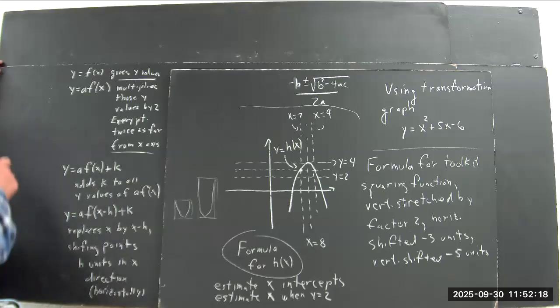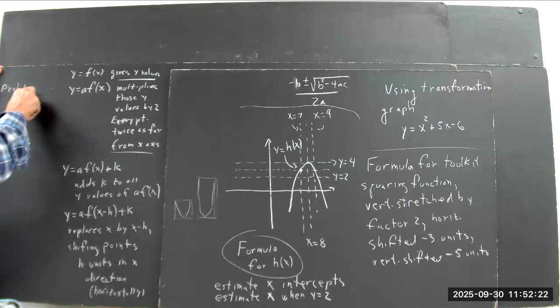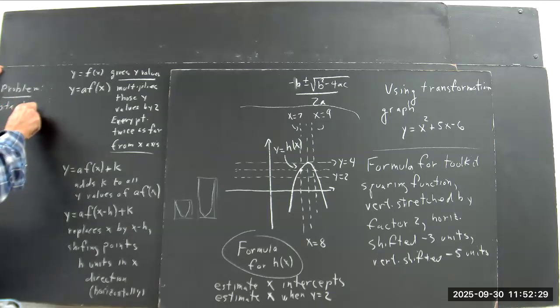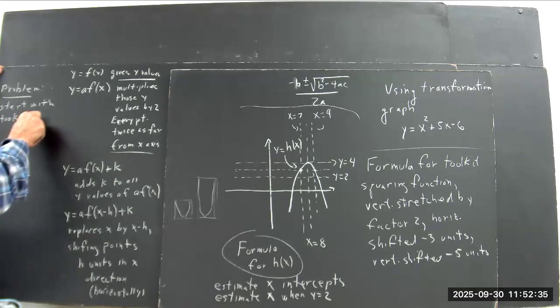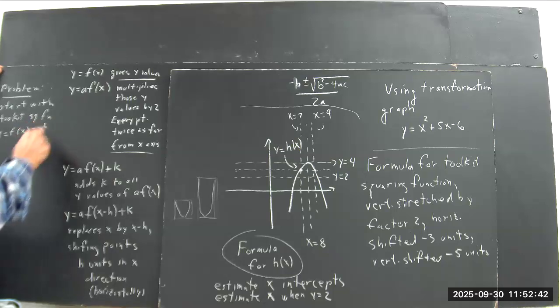Okay, so the problem: we start with the toolkit squaring function, y equals f of x equals x squared.